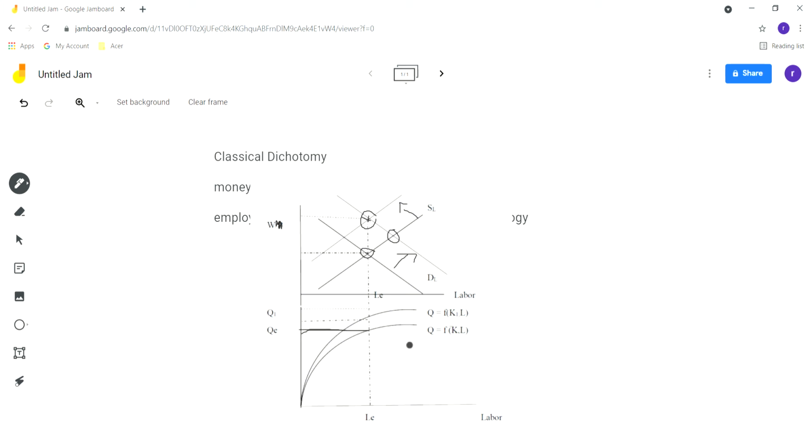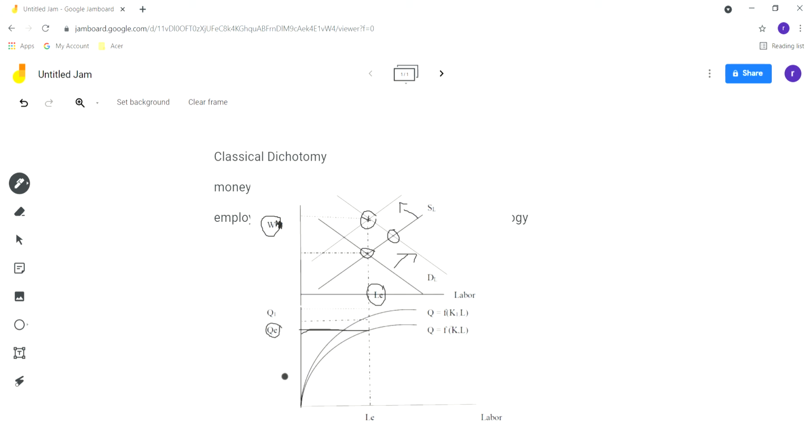So we have seen that a change in the nominal variable like money supply led only to a change in nominal variables like money wages or the level of prices. It was not able to influence either the level of employment or the quantity of output produced.